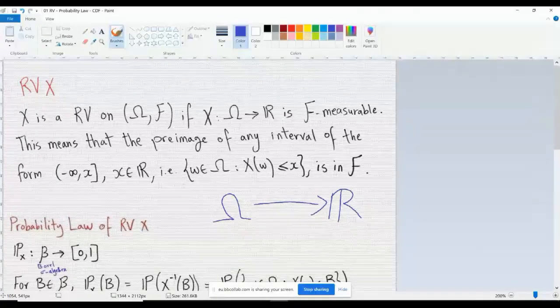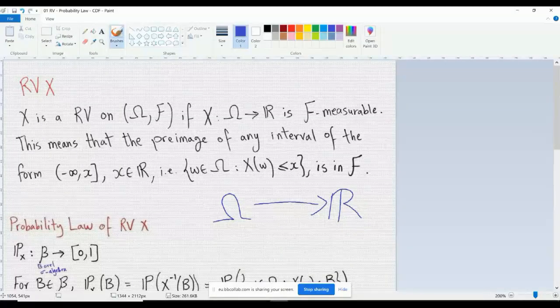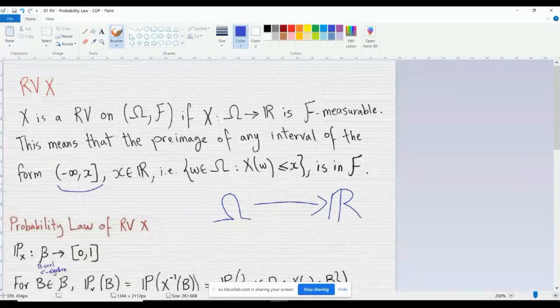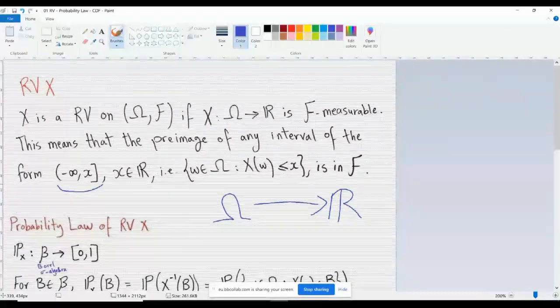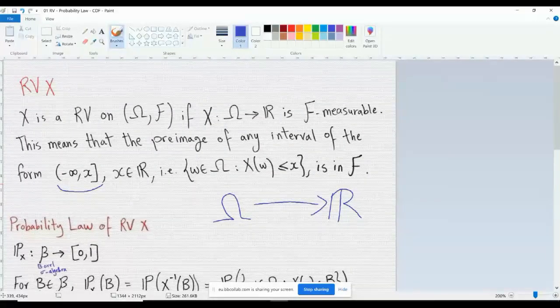And the good news is that you do not really need to investigate the pre-image of every Borel set. What you need to do is focus on infinite intervals going from minus infinity to x, small x, where small x is a real number. So you need to focus on the pre-images of those.